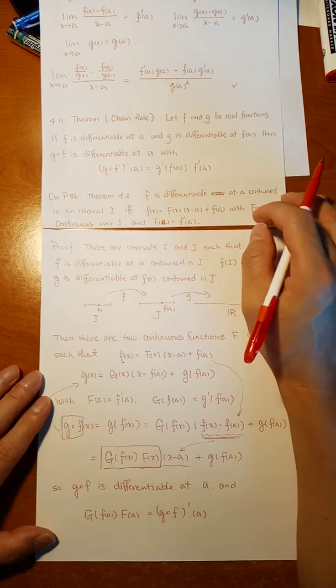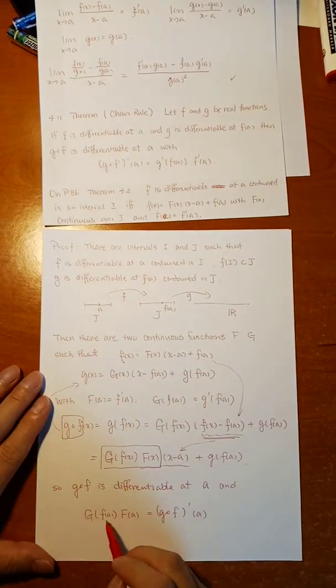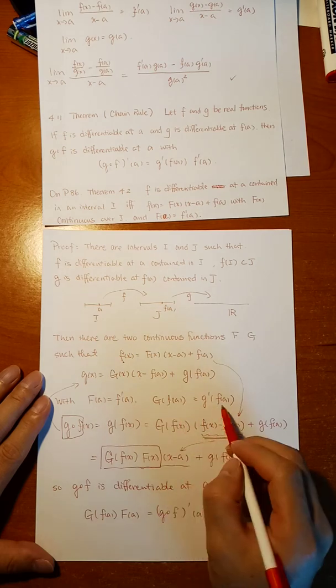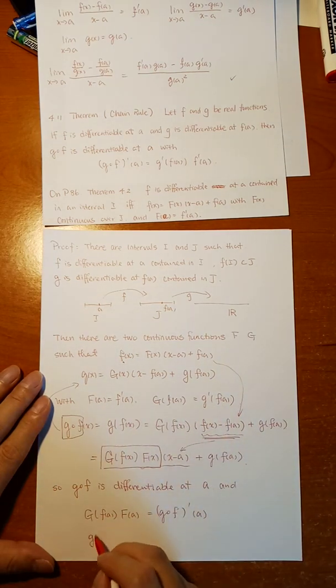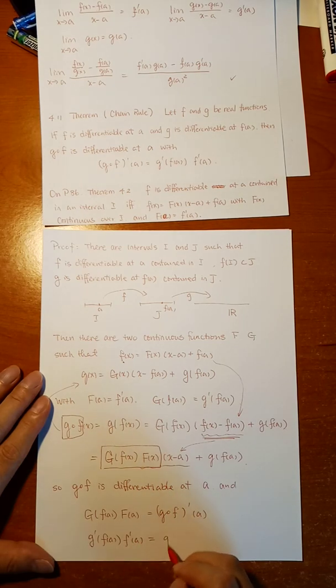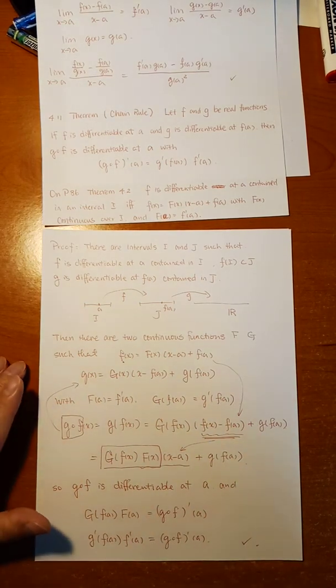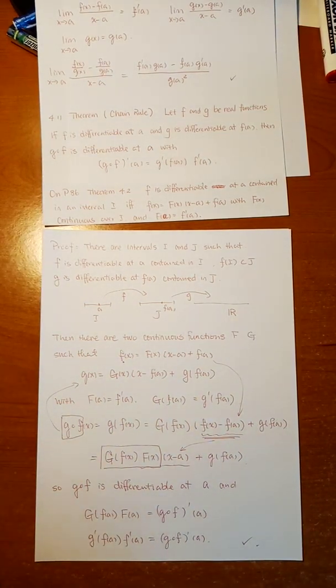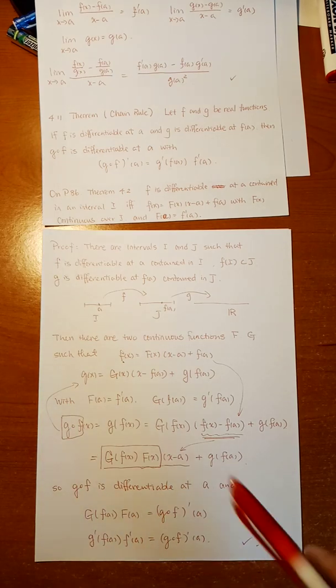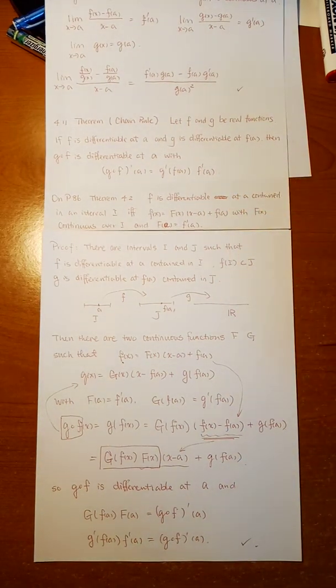We just repeatedly use this same theorem. And that value is g prime of f of a times f prime of a, and we are done. See, that's actually just a direct application of this characterization of derivatives.